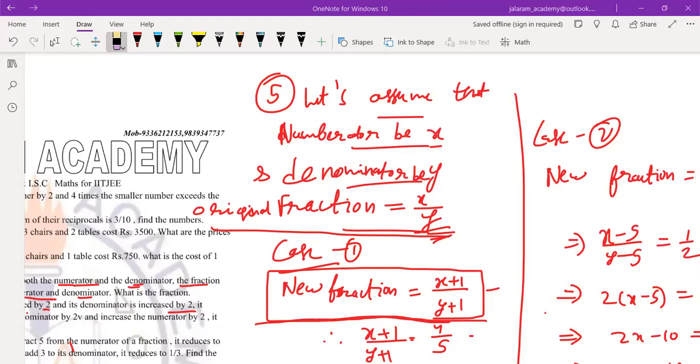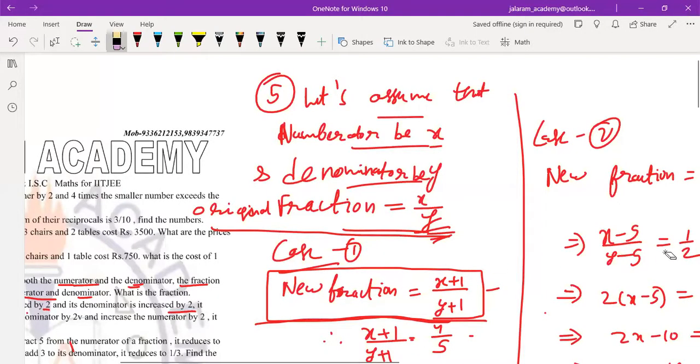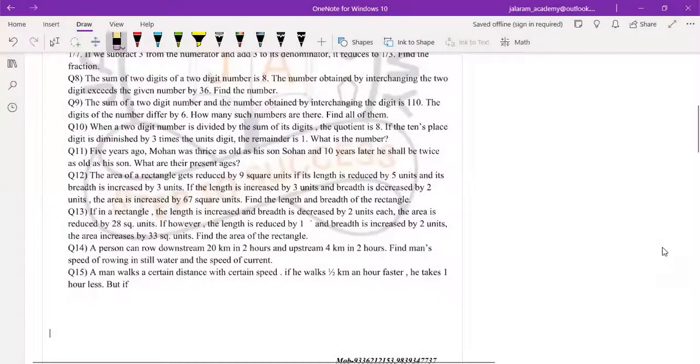And don't try to copy the solutions. Instead, you must practice again and again to solve the questions yourself.